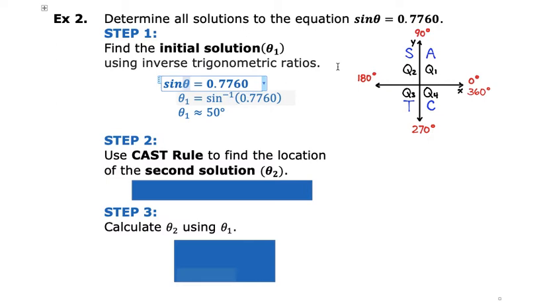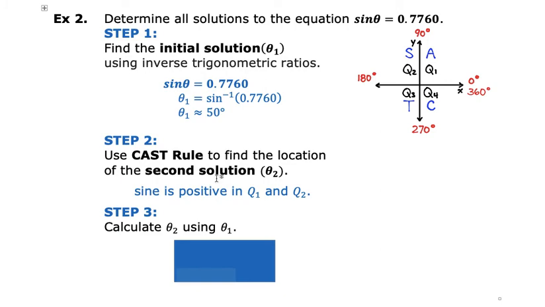The second solution, let's think, sine theta is positive. So this initial solution is in the first quadrant, but where else is sine positive? Use the CAST rule to find the location of a second solution. Sine will also have a positive result. I'm not interested in the value, just the sign. Positive here. So the related acute angle in this quadrant would be 180 degrees total minus that initial solution.